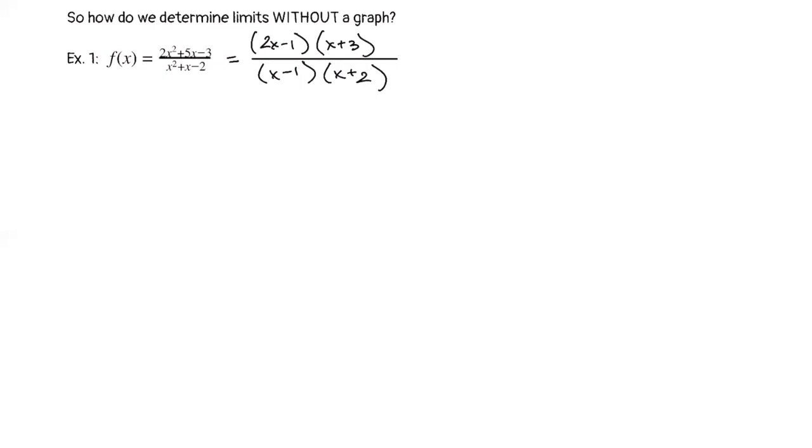No. There are no holes, and our reasoning would be that there are no factors in common between the numerator and the denominator. So there are no holes, but how many vertical asymptotes? There are 2 vertical asymptotes. One is at x equals -2, and the other is at x equals 1.